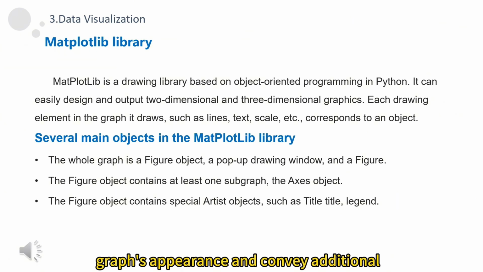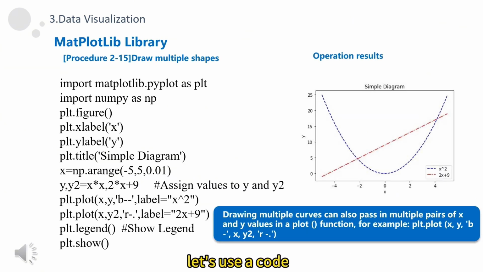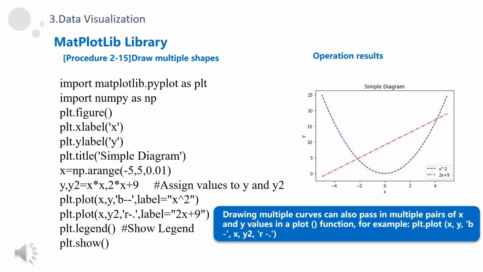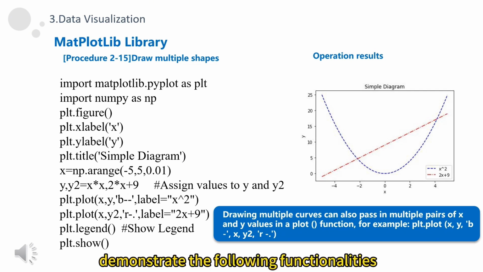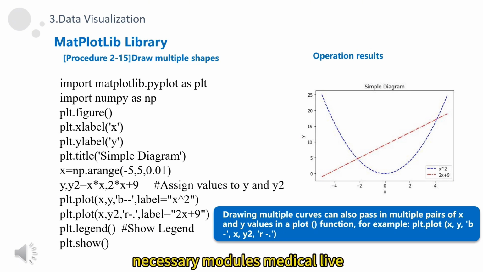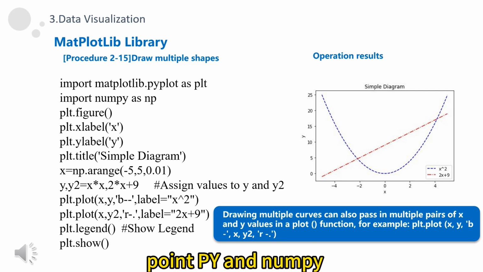Let's use some code to provide a brief introduction to the functionalities of the Matplotlib library. This code demonstrates the following functionalities of Matplotlib. The first line, importing the necessary modules: matplotlib, pyplot, and numpy.